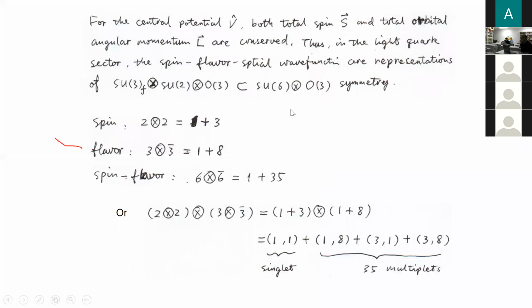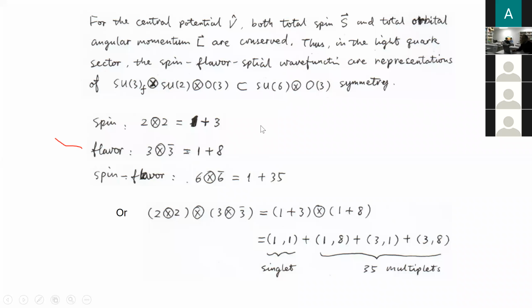And then by doing this, now we have the wave function containing flavor and spin and the orbital part, in which the SU(3) and the SU(2) have a common symmetry of SU(6), and then the orbital part belongs to the O(3) symmetry. So we have the non-relativistic wave function with this sort of a symmetry.